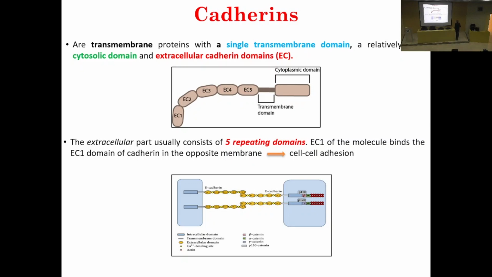This is cell number 1, this is cell number 2, and this is my cadherin for each of them. You can see that the cells are connected by their EC1 domain. Is it clear? So this is how they can connect the cells to each other. This is one particularity.